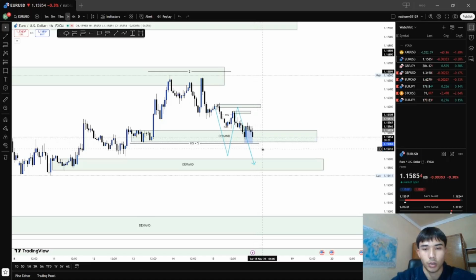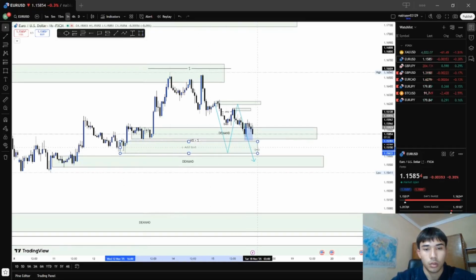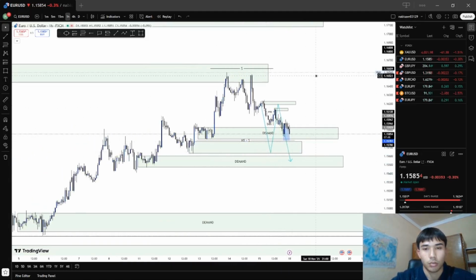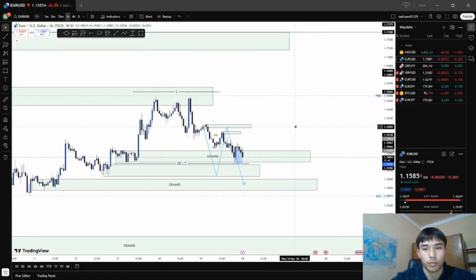That means liquidity sweeps, sweeping these highs and getting respected from this demand zone we have here, all right, and going right back up.